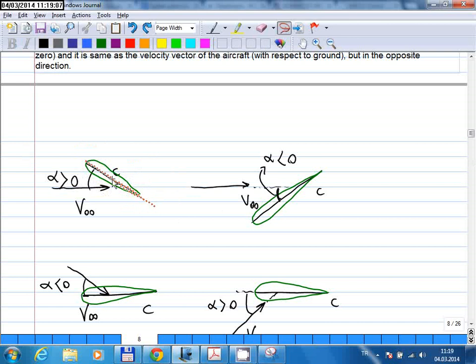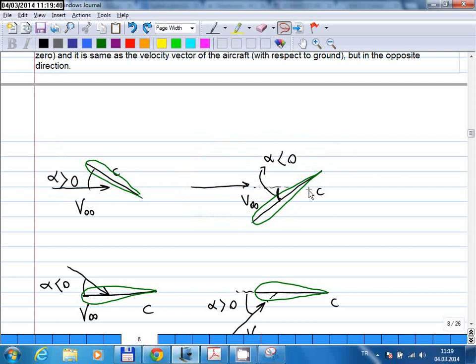This is just a straight line, and this is your free stream velocity V infinity vector. In this case, the angle between these two lines is your angle of attack. This is a positive angle because the flow is coming under the chord line.